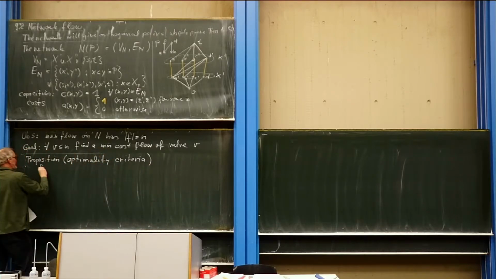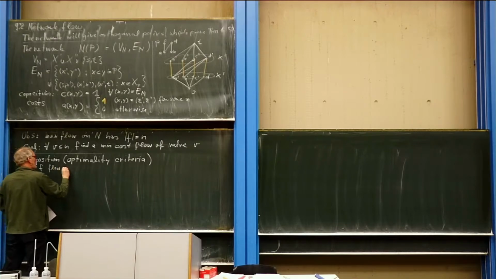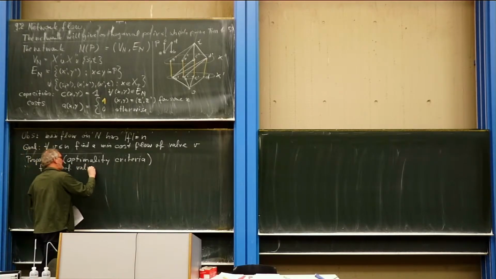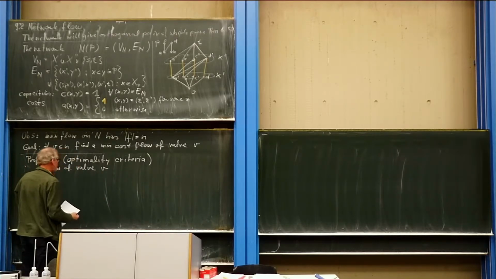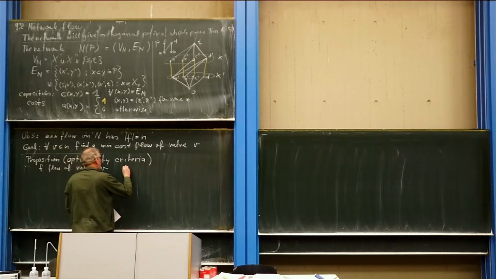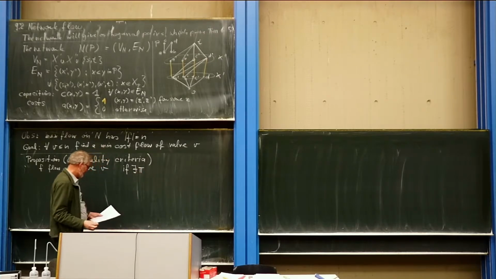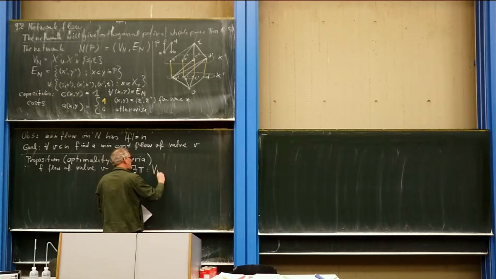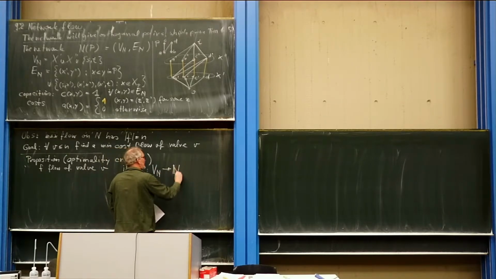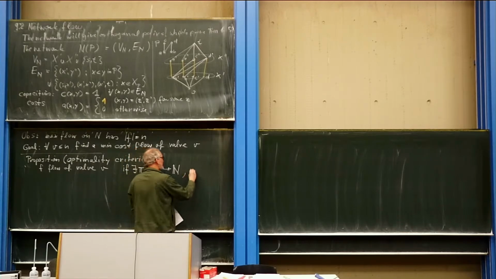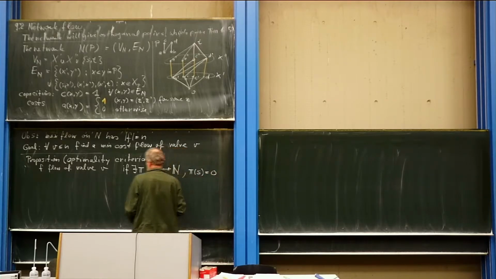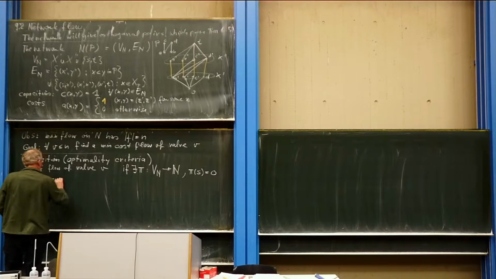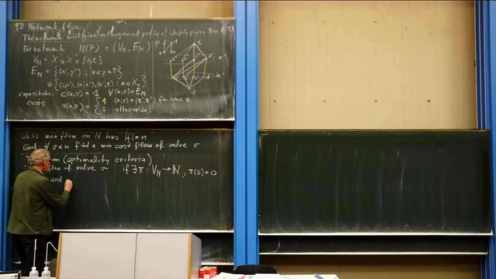If we have a flow of value v, and if we can find some function pi from the vertex set of N into the non-negative integers with the property that pi on the vertex S is equal to 0, and two additional conditions.